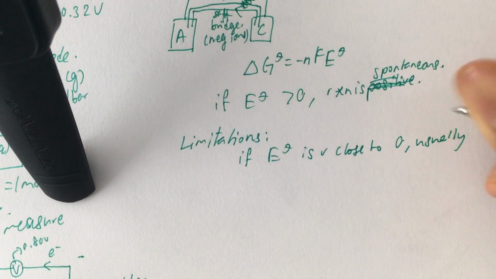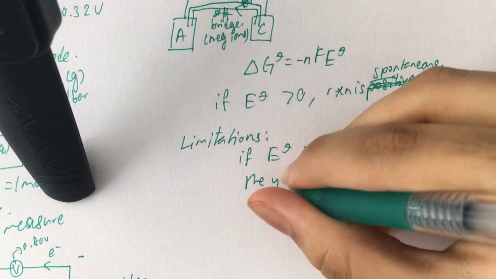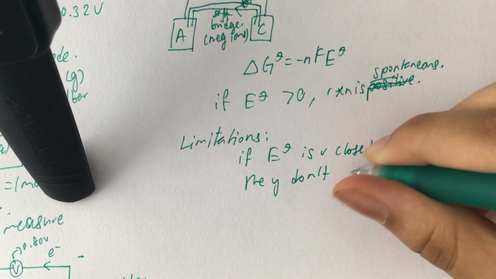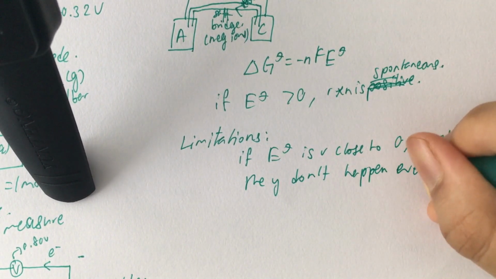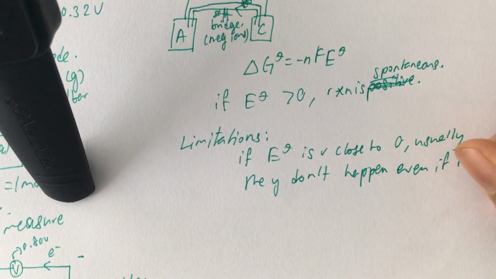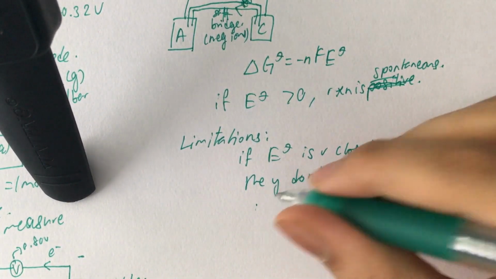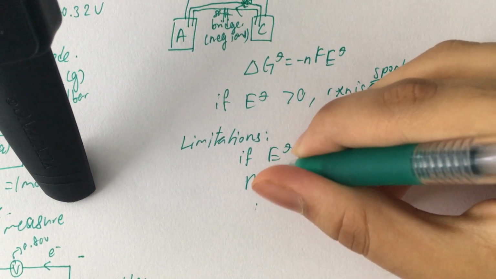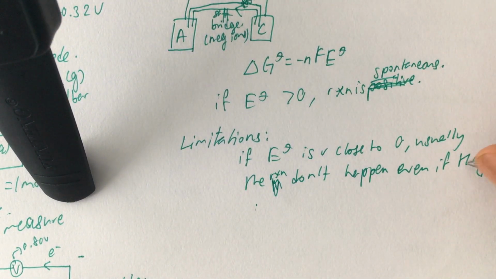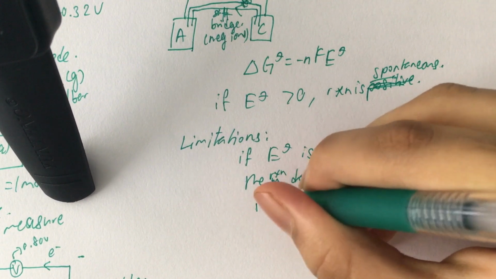For example, it's not like diamond will suddenly become graphite in 1 second, because spontaneity is just one thing. What we use to determine spontaneity is just one of the many factors, and there could be other factors that affect whether the reaction actually happens or not. And that's pretty much it.